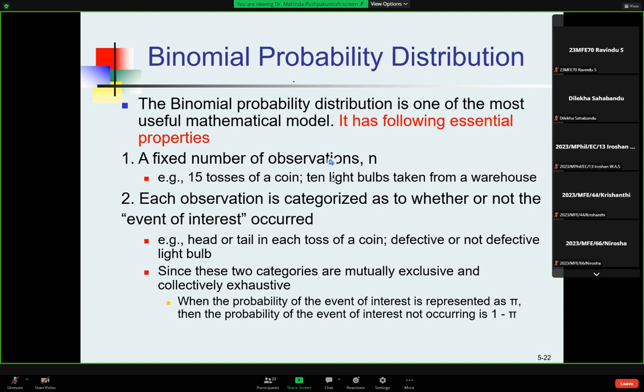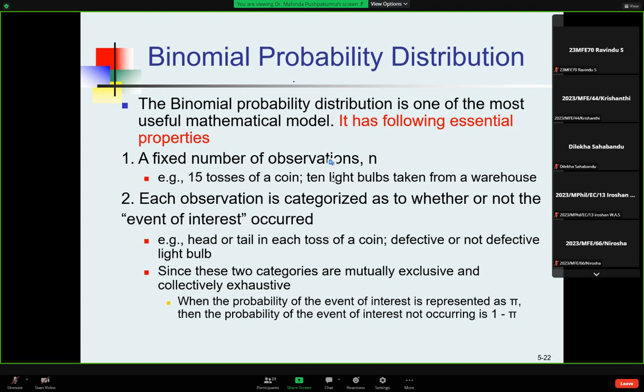Then we can say these two categories are mutually exclusive and collectively exhaustive. Mutually exclusive means if you toss a coin, you will get head or tail.